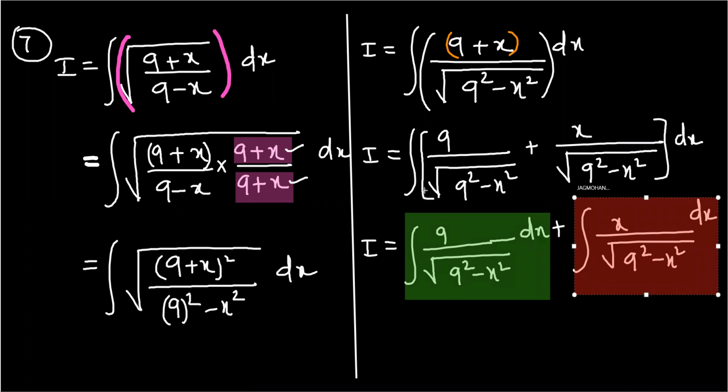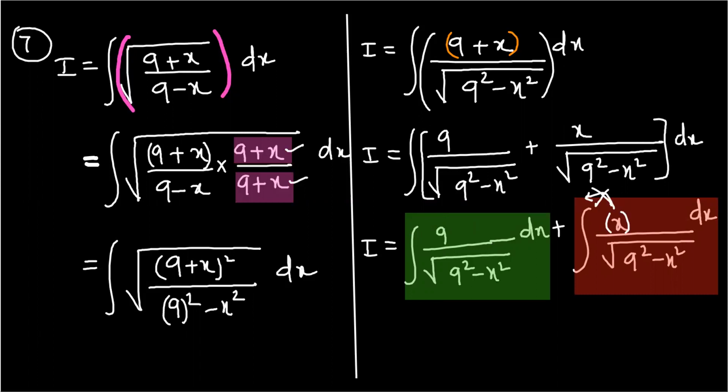Why so? See, in the first integral, I have got a constant 9 in numerator. So the moment I take it out, 9 is a constant. It can be written outside the integral sign. So when I write this out, I will be left with 1 here and then I can apply the result. But in the second integral, I notice this is not a constant, it is x, and hence I cannot take it out. No, this is not allowed.